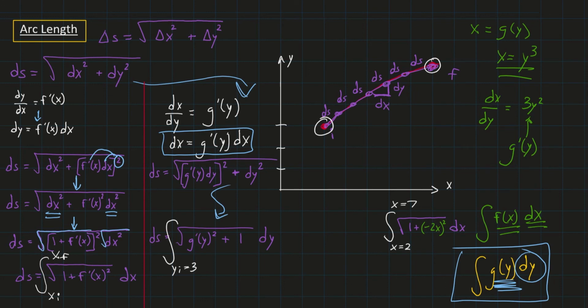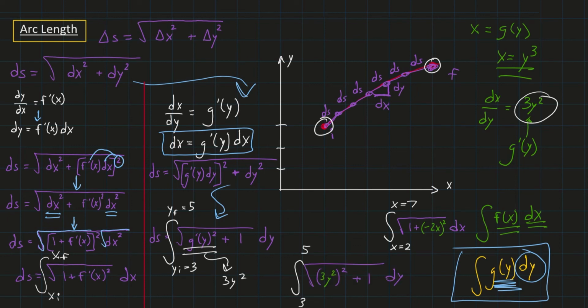That'll be y is equal to 5. And what is the derivative of this curve in terms of y? That's just 3y squared. So this right here, my integral is finally built, and all I have to do is crunch the math.